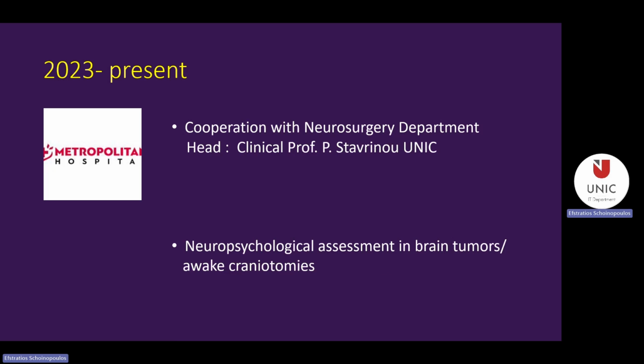Also, the last couple of years, we have cooperation with the hospitals that we are affiliated with, such as Metropolitan Hospital with Professor Stavrinou in neurosurgery, where we assess patients with brain tumors, and we do awake craniotomy. So in the clinical placement, you might see me in some of those operations.